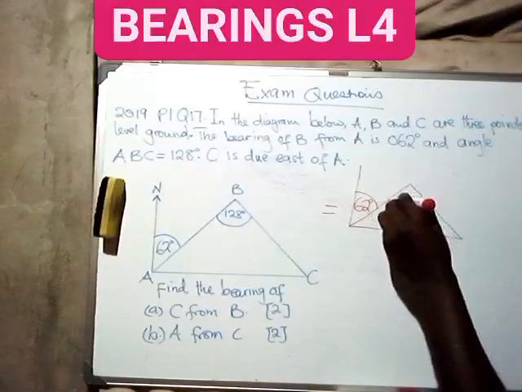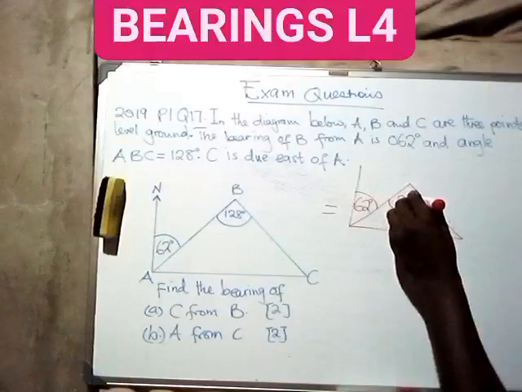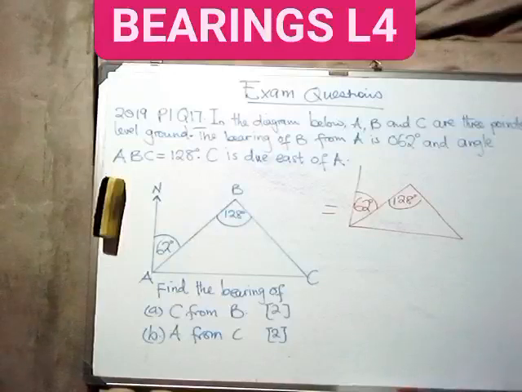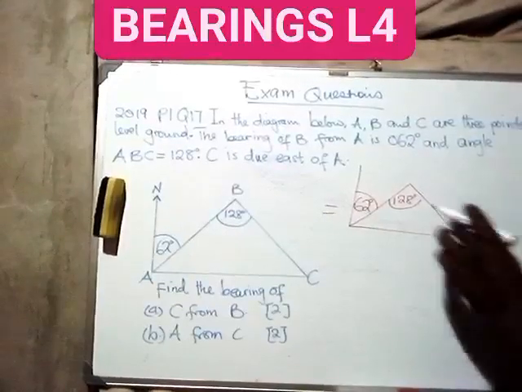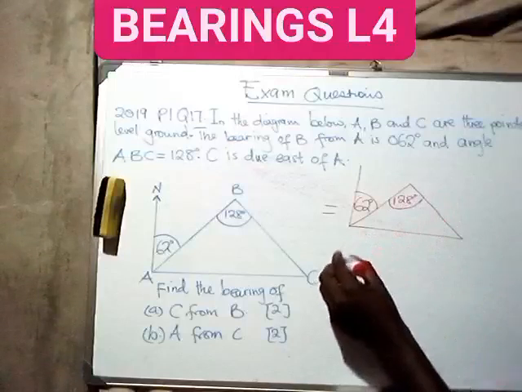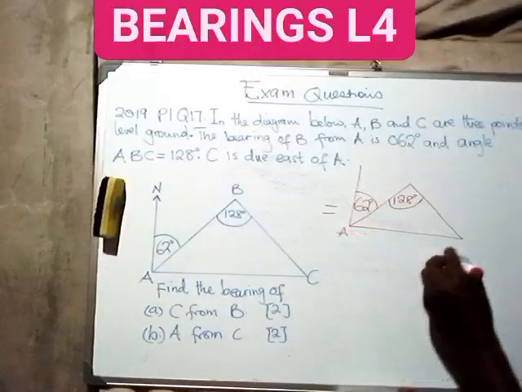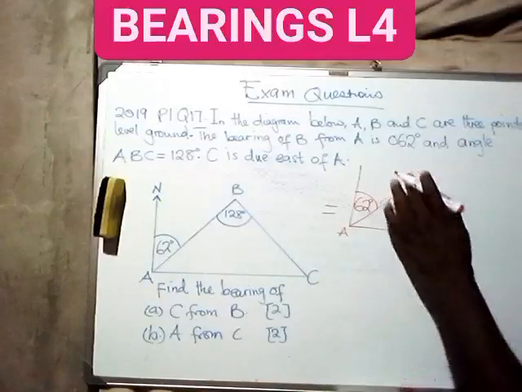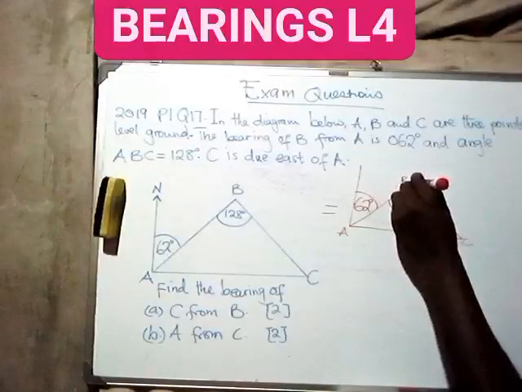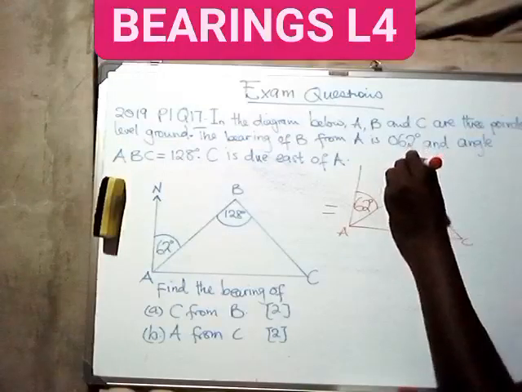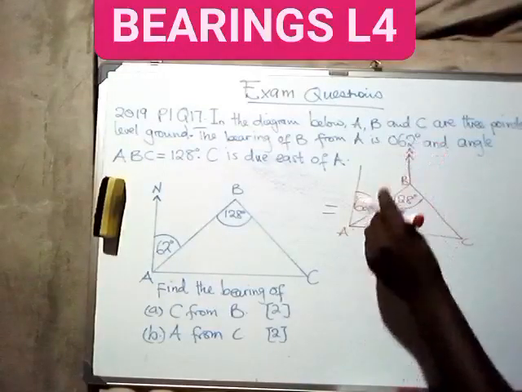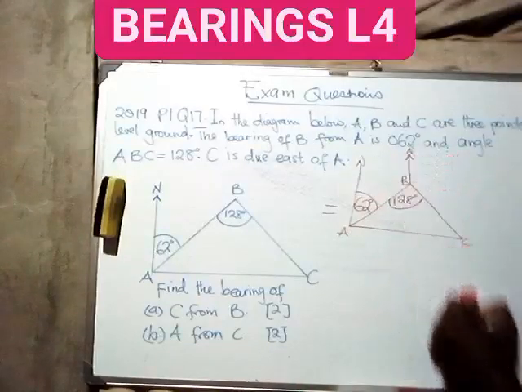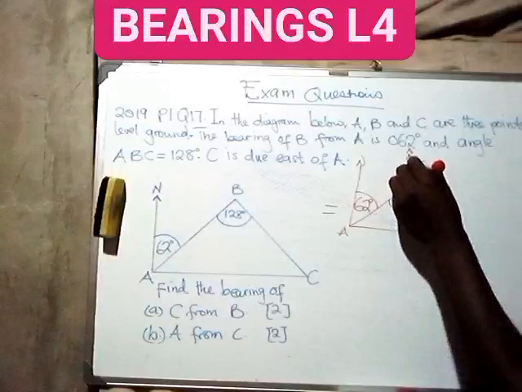We have this angle here, which is 128. We have our A, we have our C, then this is our B. If I was to draw the north there, meaning this north, this line here, and this line will be parallel to each other.